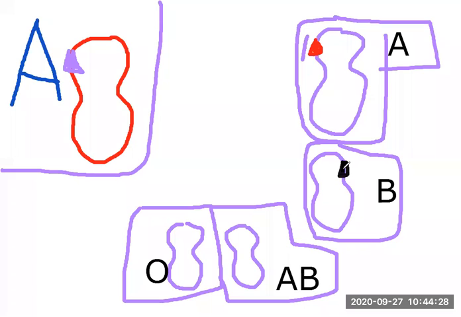Next, what about AB blood group person? He is having both A sugar polymer and B sugar polymer. What about O blood group person? Nothing. That means he doesn't have A or B. You see the RBC, that's why I'm showing with visual. Don't say O. O means zero.